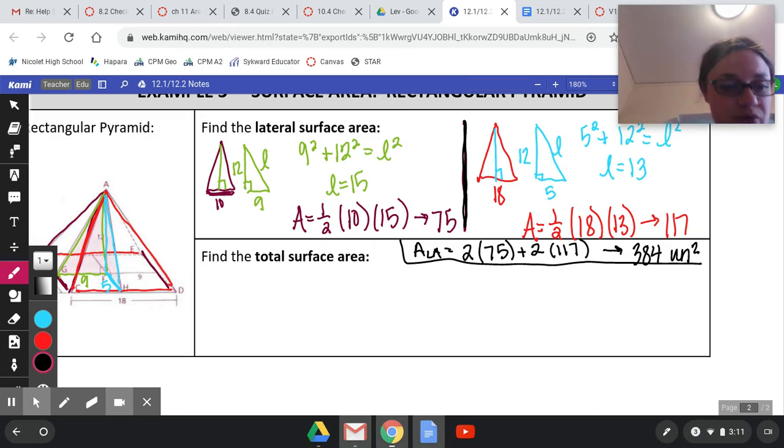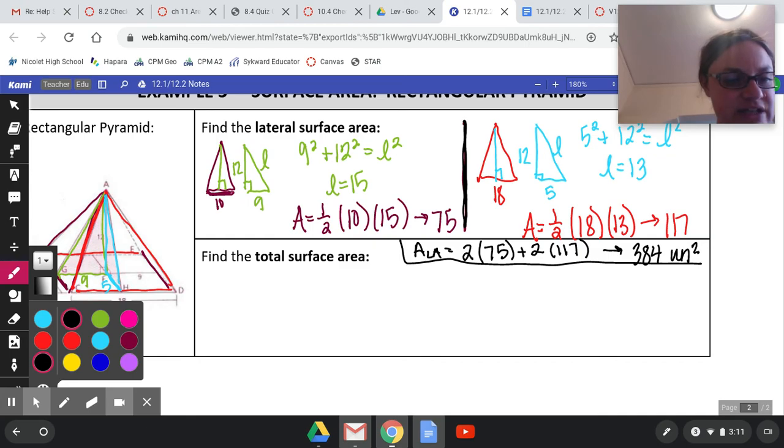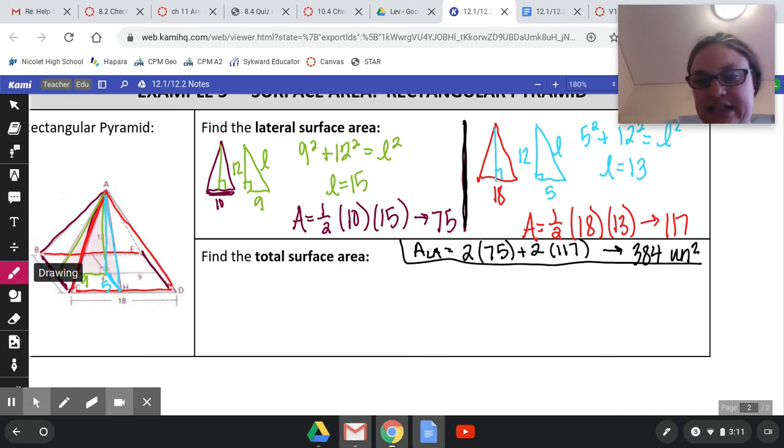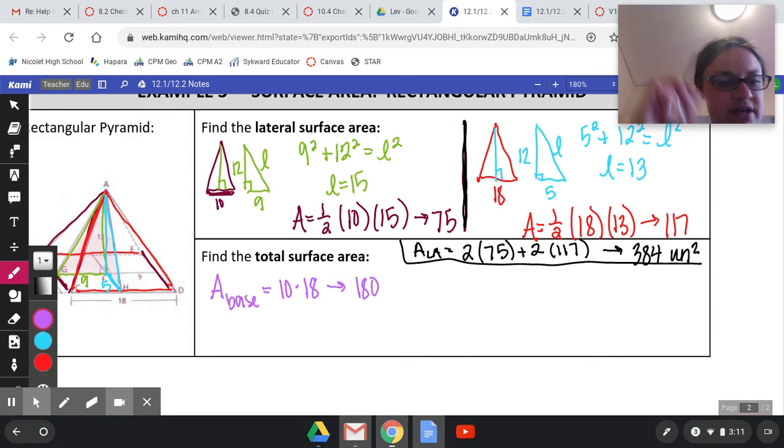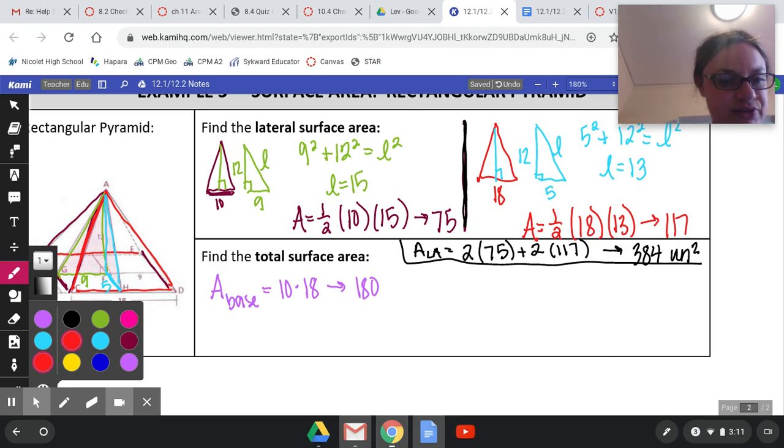Now to find the total surface area, I just need to take that lateral area plus the area of the base. My base is a rectangle, so the area of my base is going to be 10 times 18, which is 180. Easy enough, not too difficult.